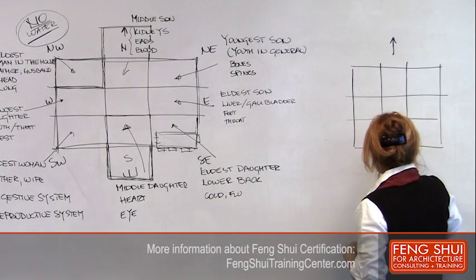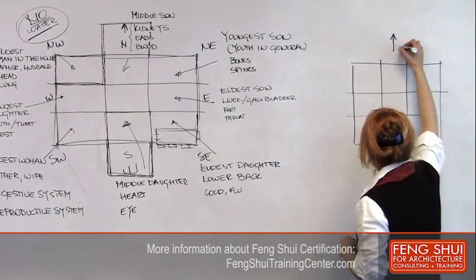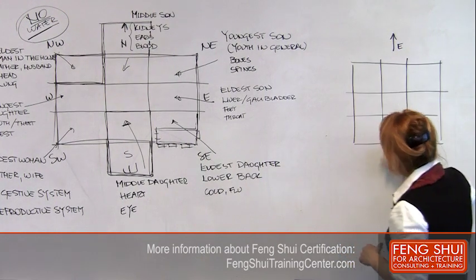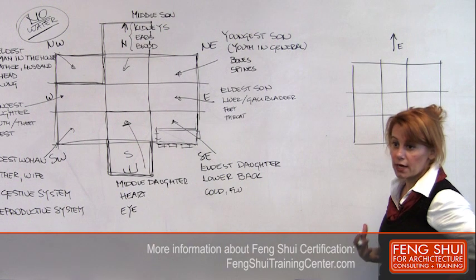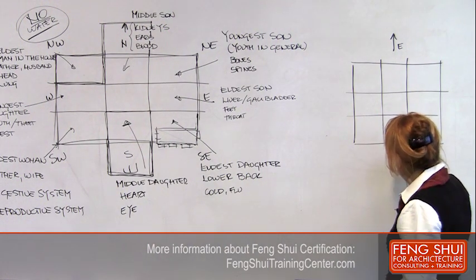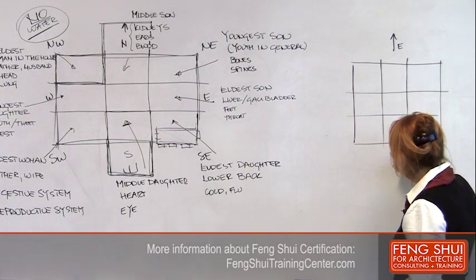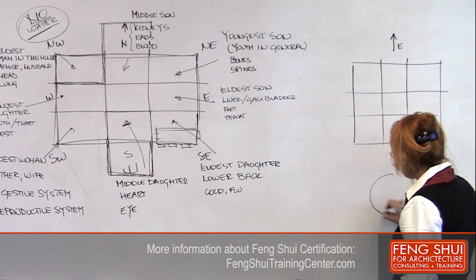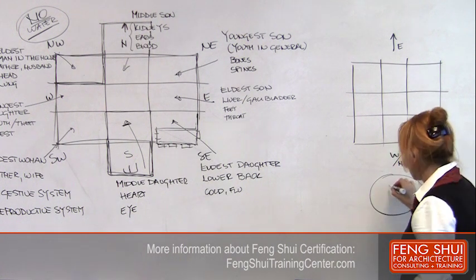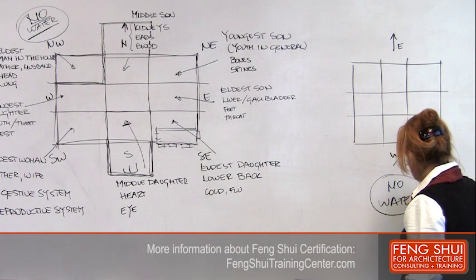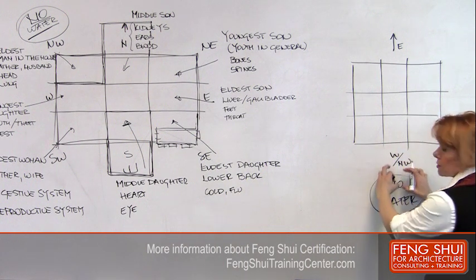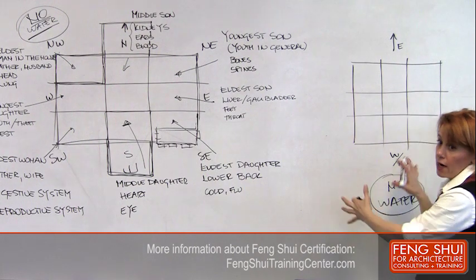If the house faces east and it sits west, the west is the back, like the spine of the house. So if the back is west or northwest, you definitely do not want to have the water there. No water. Because this water is going to drain away the energy from the entire house.